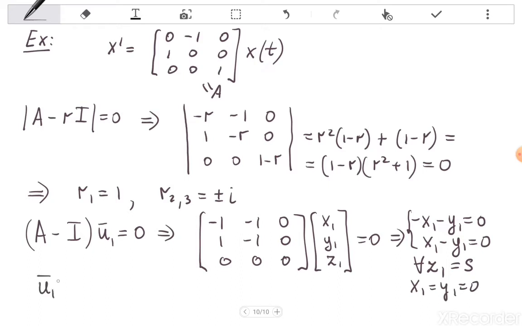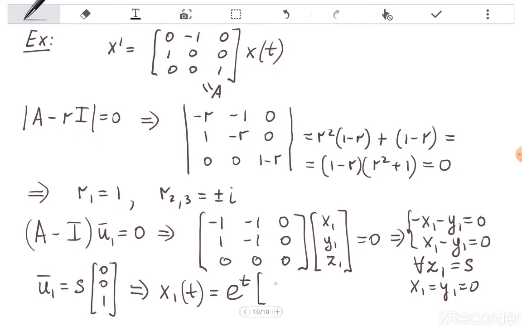So u1 is s times the vector with x1, y1 as zeros, and z is s. So this is the eigenvector corresponding to r1. And the solution corresponding to this eigenvector, we denote x1 of t. This is e to the r1 t, so just e to the t, times the eigenvector 0, 0, 1.